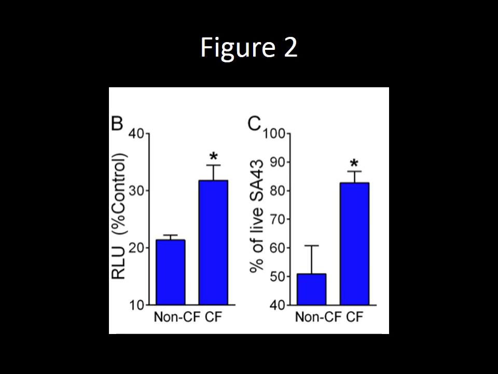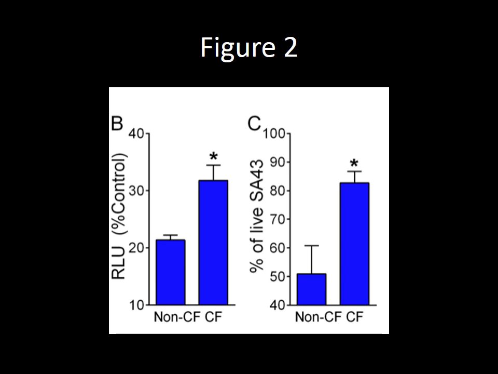This figure is one of the figures measuring the bacteria killing capability of the cells. In figure B, it's a control, and it's the relative light units, which were the dead epithelial cells with no bacteria killing ability. And in cystic fibrosis pigs, it was increased.